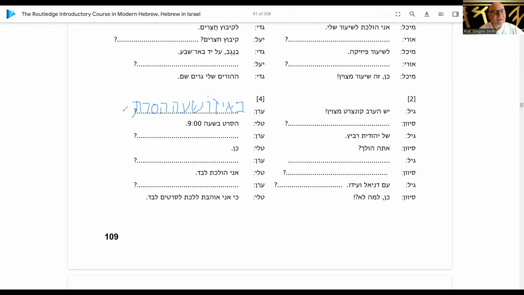Metahil Haseret. Okay, so Be'ezo Sha'ah Haseret Metahil. Okay, so Tali says Haseret Basha'ah Tesha, at 9 o'clock. Aaron says, probably, are you going? And Tali says, yes. Okay, so let's see.